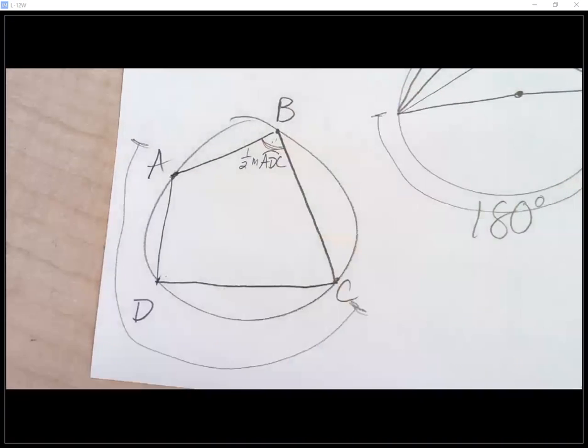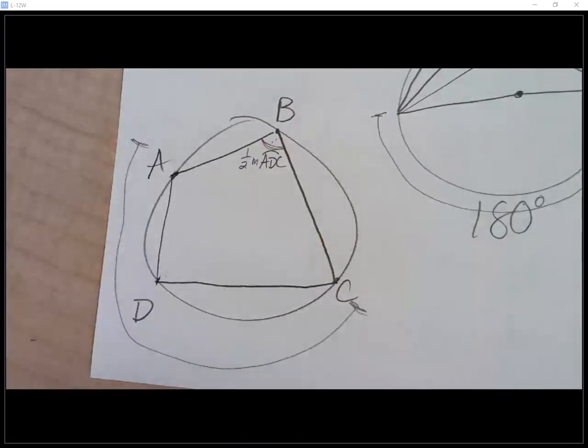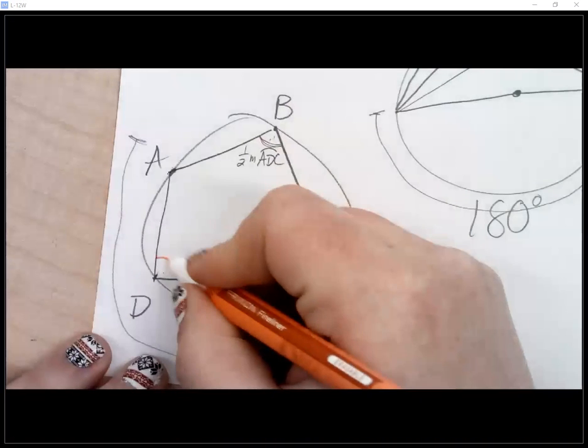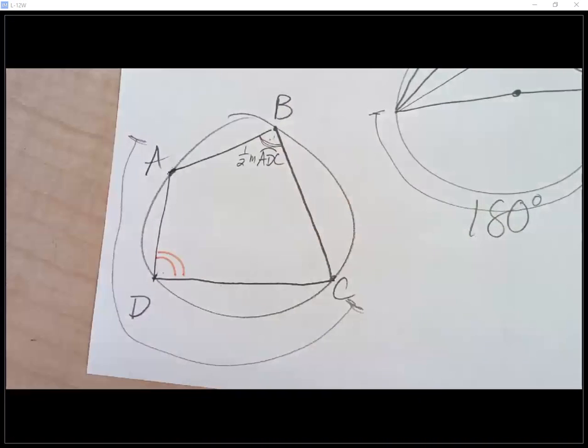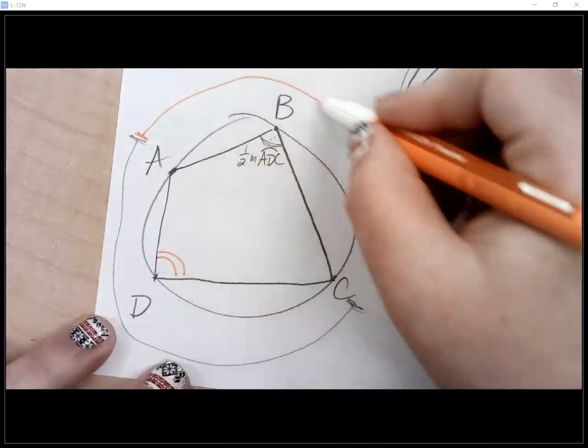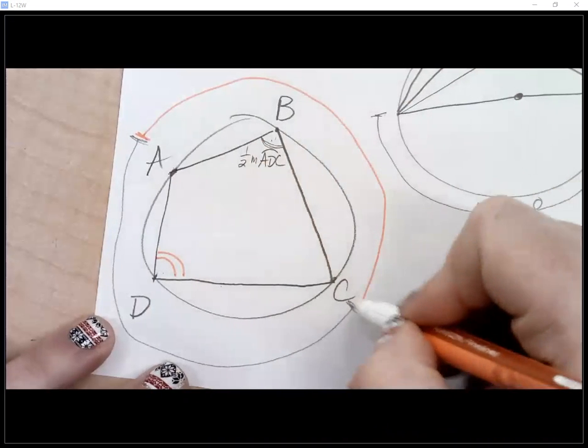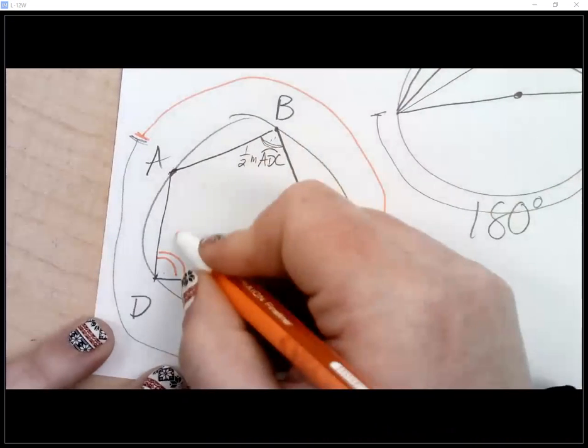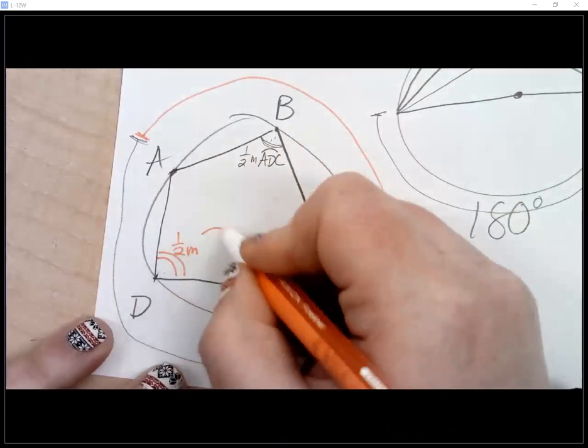I don't know what it is, but I know it's half of it. You with me so far? Let's talk about the angle opposite of angle B, angle D. Wouldn't angle D have to be half of its arc? And what's its arc? Its arc would go from A past B all the way to C. So it would be half the measure of arc ABC.